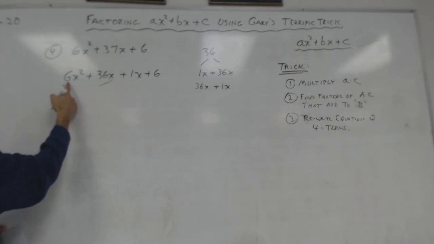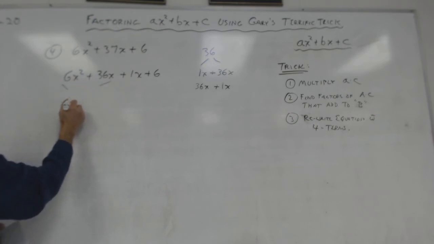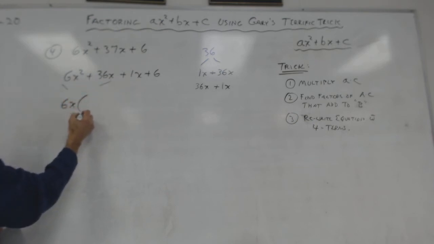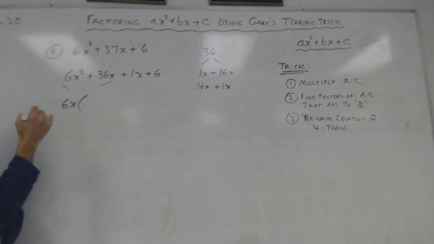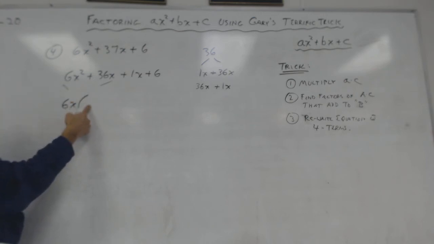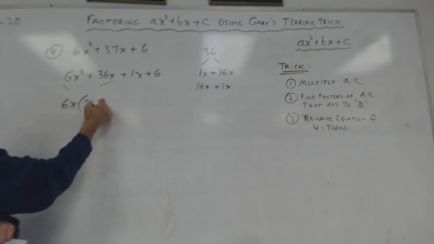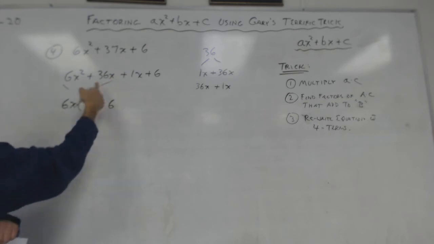So I've got 6, and what else can I take out? X. What does that give me? 6 divided by 6 is 1. X squared divided by x is x. And then plus 36 divided by 6 is 6, and the x's cross out.